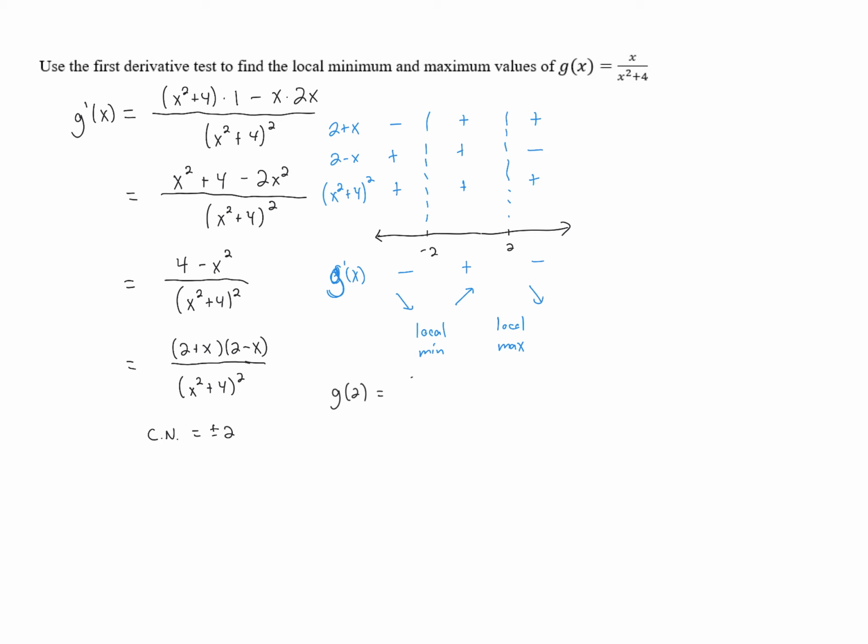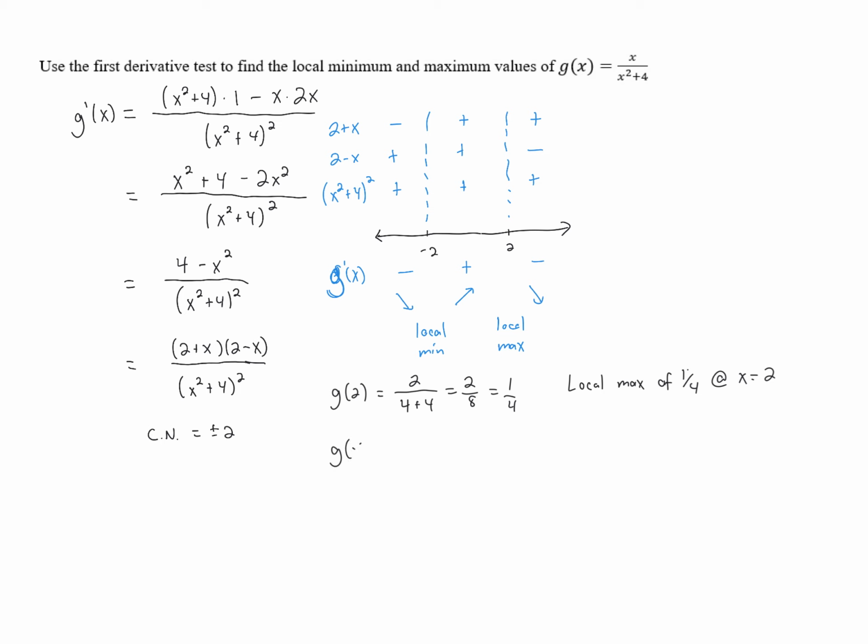Let's see, we know that 2 is going to be a local maximum, so we plug that in. This is going to be 2 over 2 squared is 4, 4 plus 4 is 8, and 2/8 reduces to 1/4. So we have a local max of 1/4 at x equals 2.